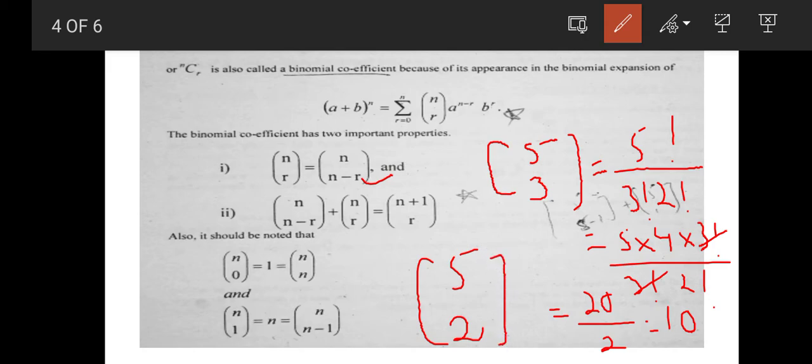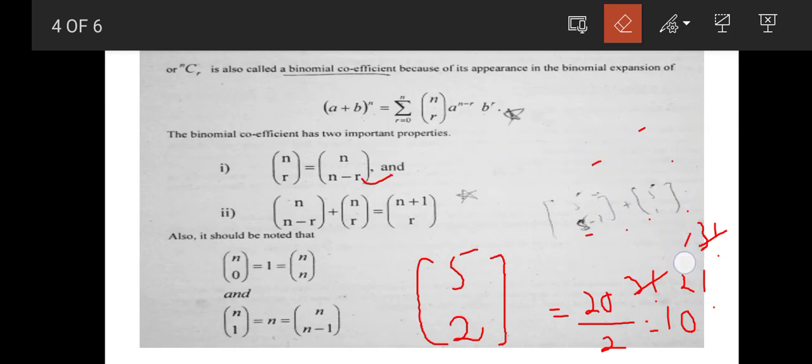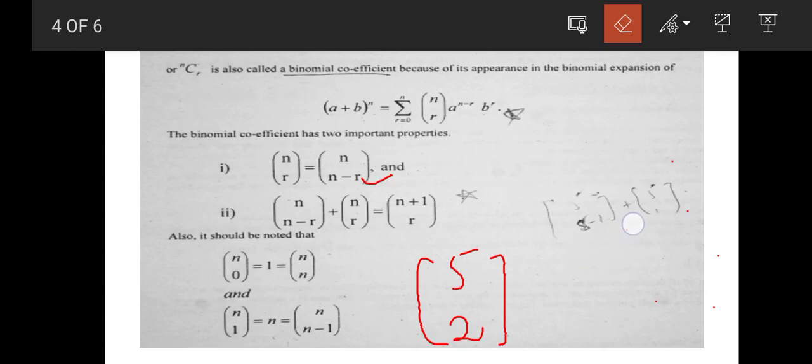So calculate 5C2. Erase this. And now we are calculating 5C2. The answer of 5C3 is 10.